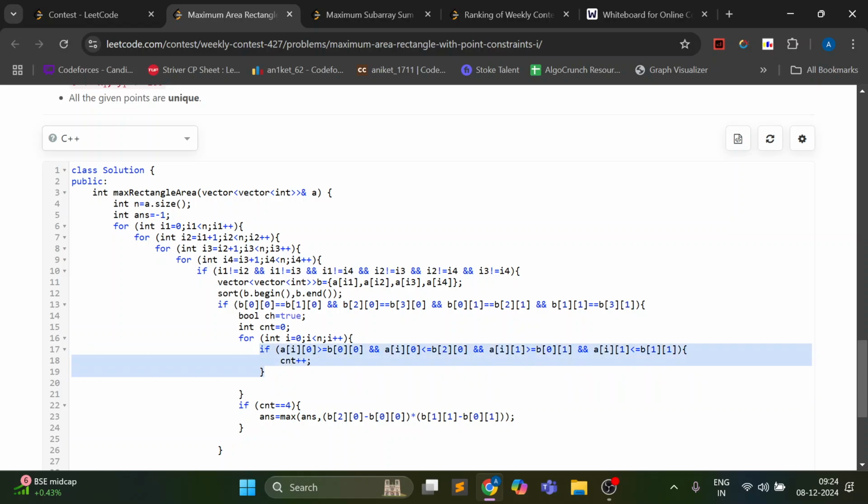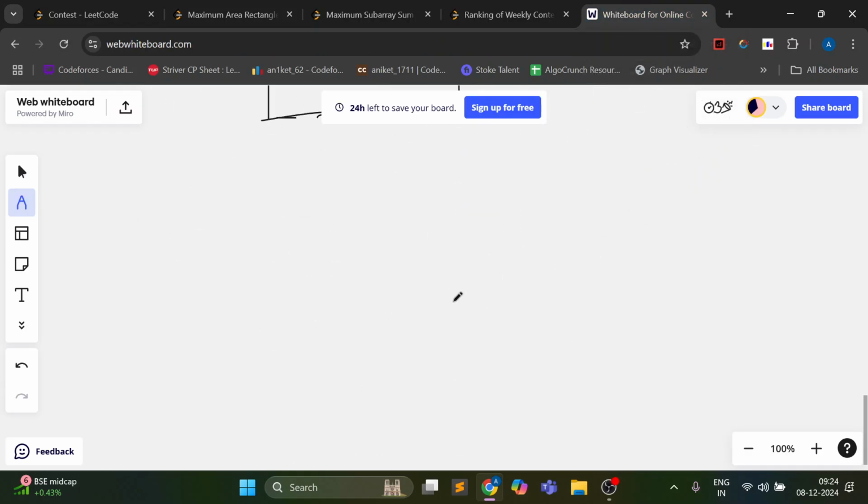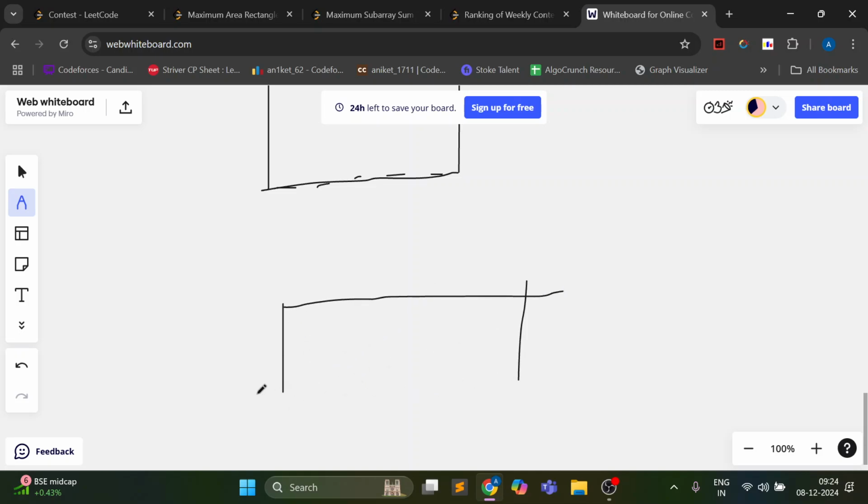Now I'm checking if a point is inside the rectangle. First of all, these are the borders parallel to the y-axis, and these are the borders parallel to the x-axis. If a point is here, its x coordinate must be greater than or equal to this limit, and less than or equal to this limit.